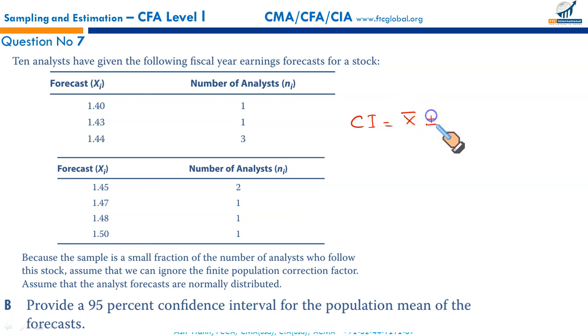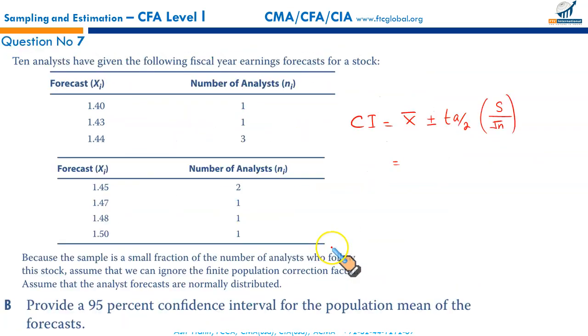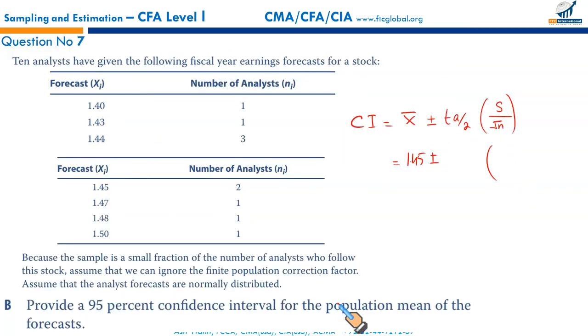Point estimate plus minus t alpha by 2 times standard deviation of the sample. What was the mean? 1.45 plus minus s, which we just calculated previously, 0.02789 upon square root of 10.